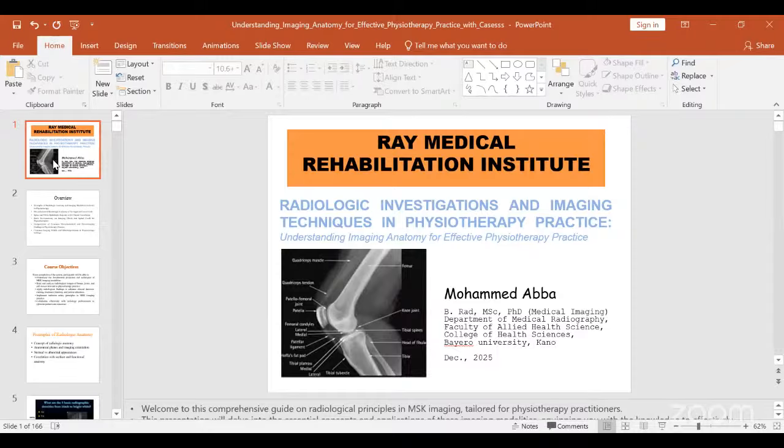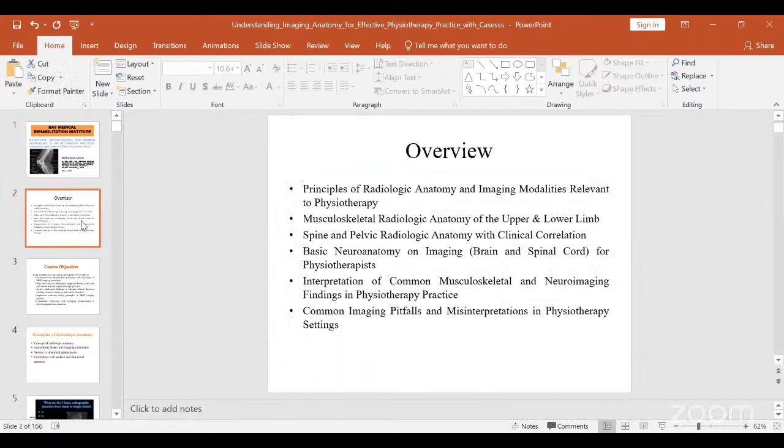They have sensitivity for assessing a tissue for a particular condition, and they have even poor sensitivity in assessing another condition. So we'll try as much as we could, when we are discussing such conditions, to highlight what imaging modality you would recommend for your patient in order for the patient to have timely diagnosis and effective treatment outcome.